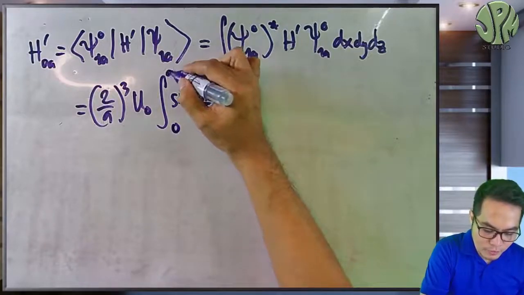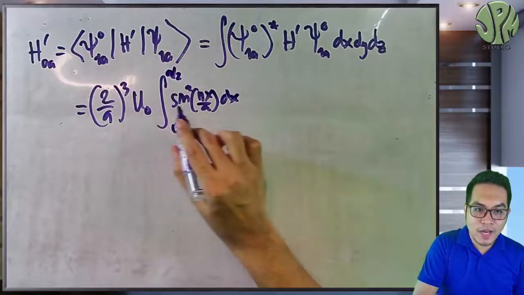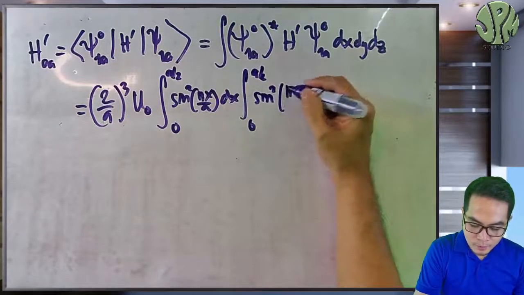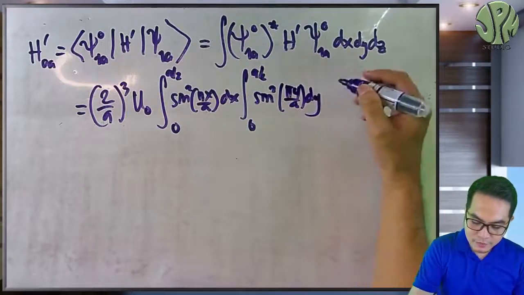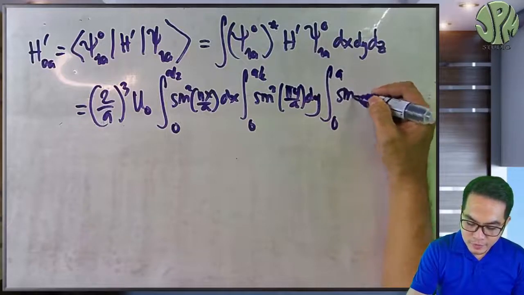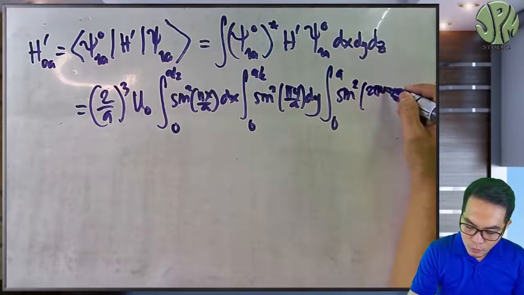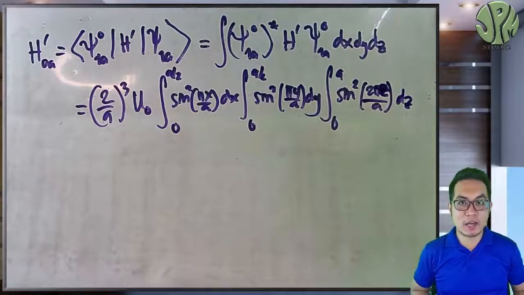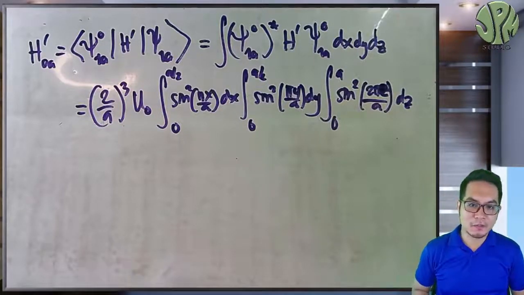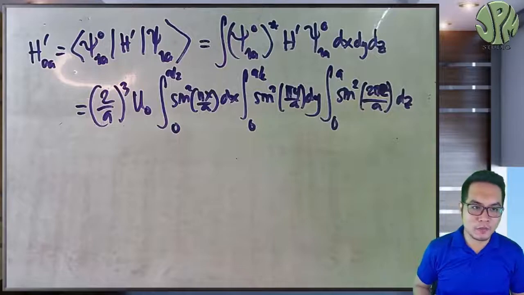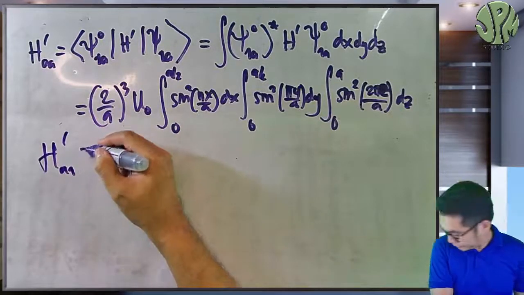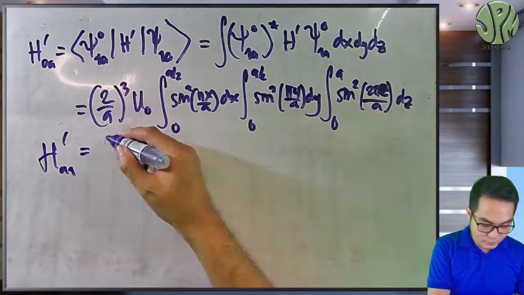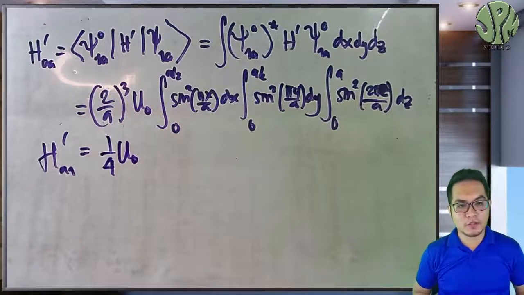This is from 0 to a over 2, because again our perturbation for x is from 0 to a over 2. The same for y, 0 to a over 2, sine squared pi y over a dy. And for z it is 0 to a, but for z, take note, the sine squared is 2 pi z over a, because this is 112, essentially. This is psi 112. We just rename it to psi 1a. And you will get a value of 1/4 unit.